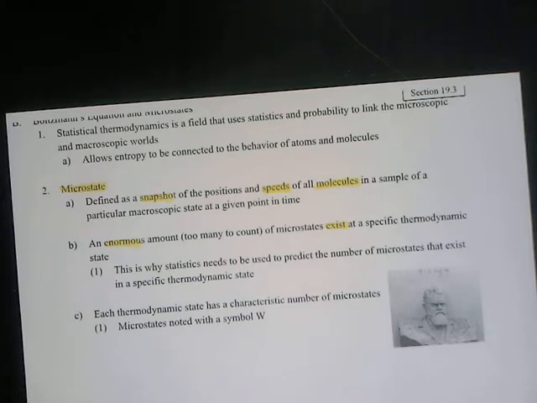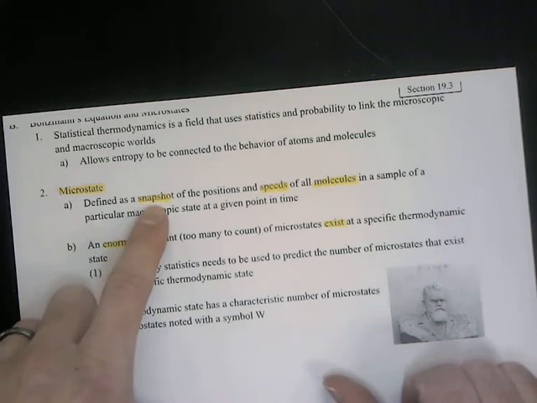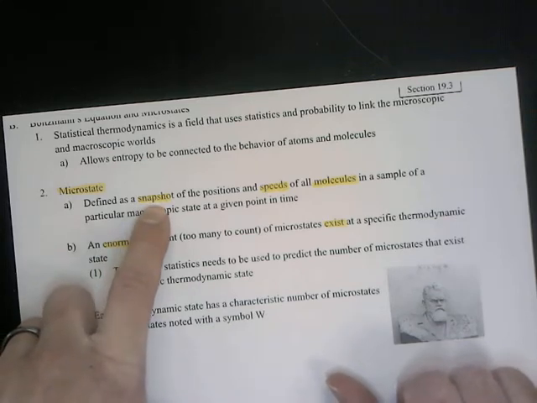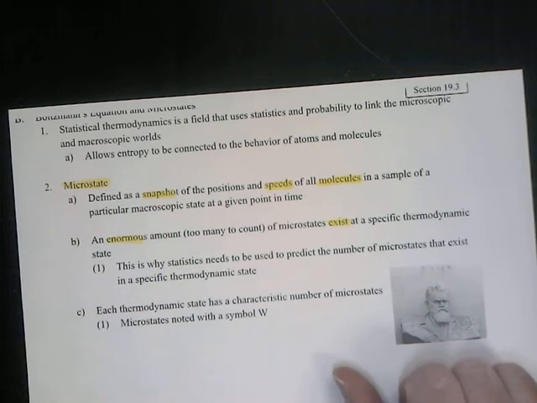So think of an old school motion picture where each of those still shots, if you put them all together and you move that film, makes a movie or a whole show. He looked at each individual snapshot of a particular molecule or an atom, and he was able to tie together that entropy.